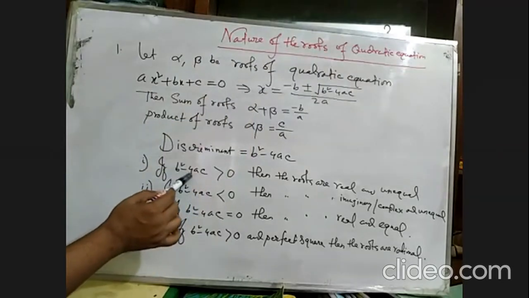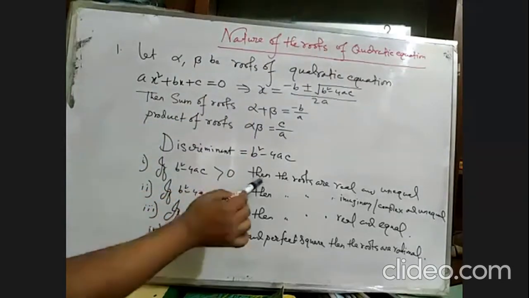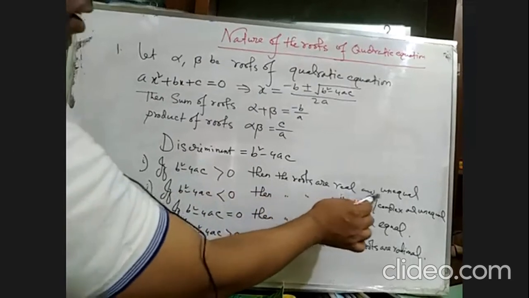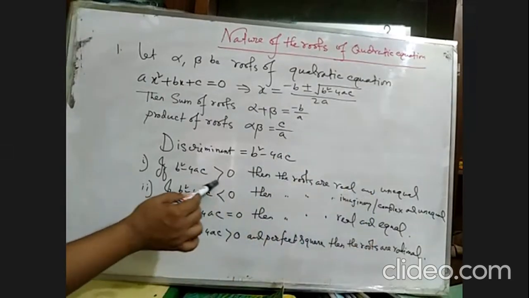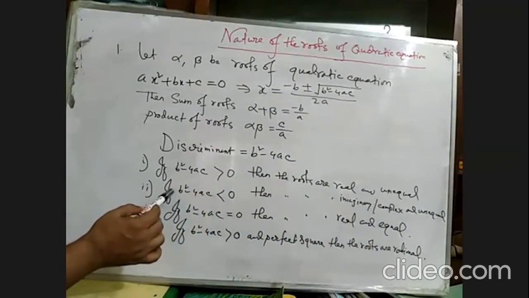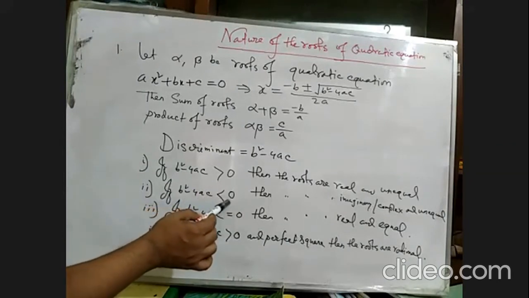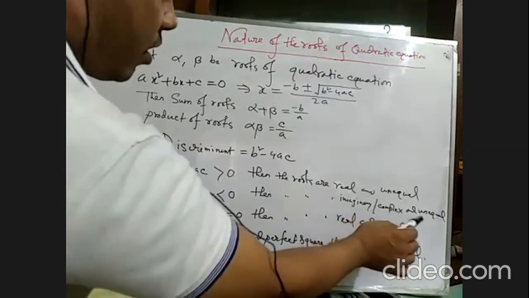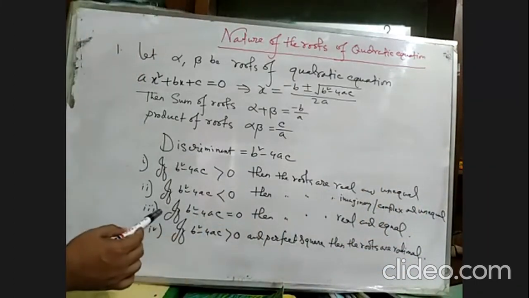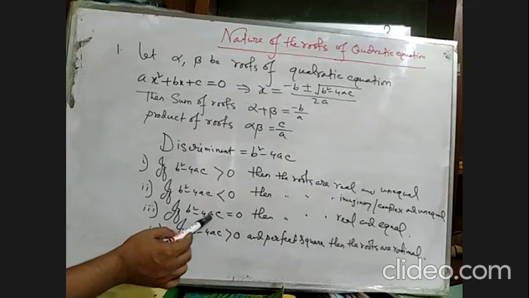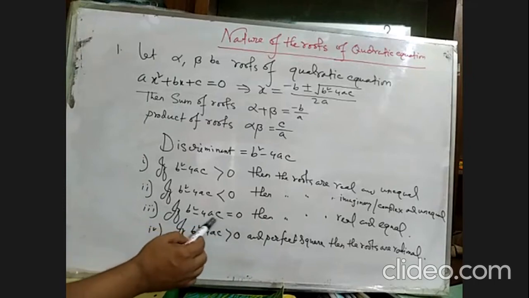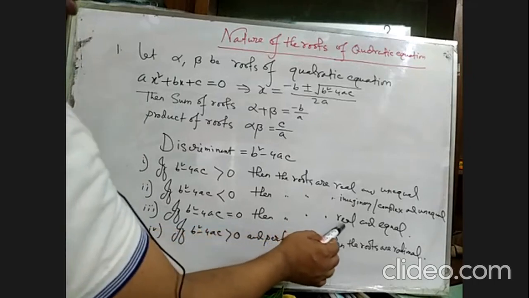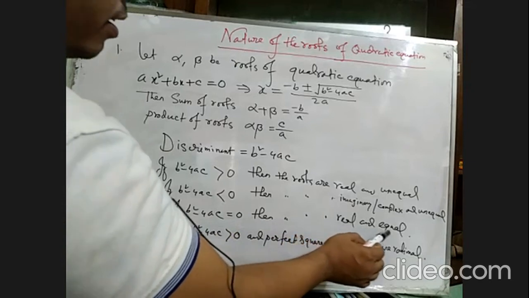If b square minus 4ac is greater than 0, then the roots are real and unequal. If b square minus 4ac is less than 0, then the roots are imaginary or complex and unequal. If the discriminant b square minus 4ac equals 0, then the roots are real and equal.